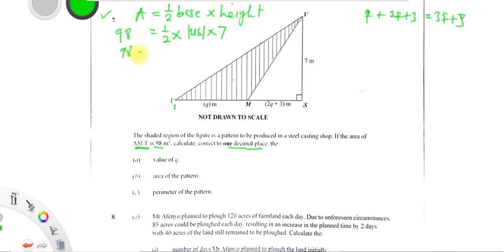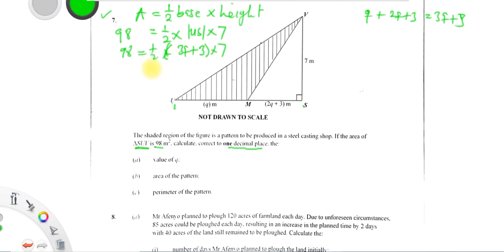So 98 is equal to one half times the bracket 3Q plus 3, then times 7. Let us multiply by 2, and the half will disappear.